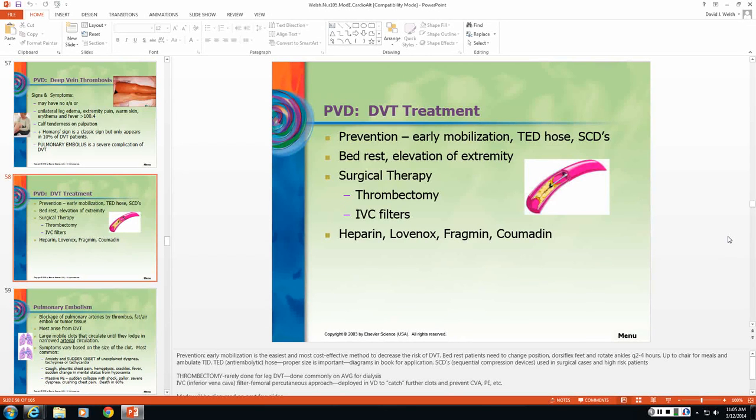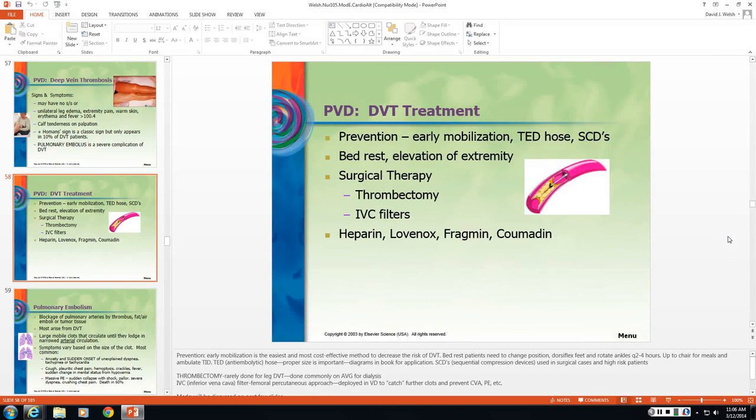You want them up to the chair for meals and to ambulate 3 times a day. Usually you're going to use TED stockings. Remember, proper size is important. SCDs, sequential compression devices, usually going to be used in surgical cases in high-risk patients.